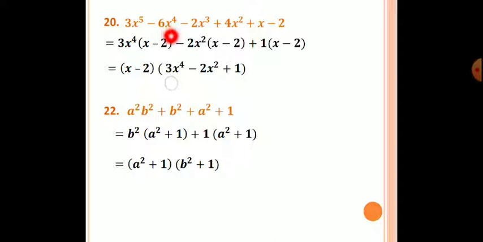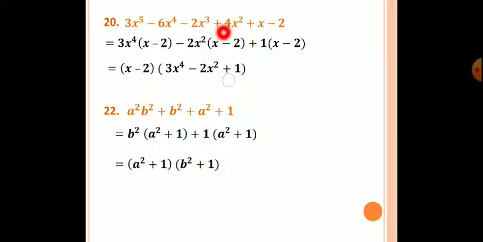So we can take an x common, and the lowest degree of x is 4. So we can take 3x to the power 4 as common, because 3 and 6 both are multiples of 3. What is remaining is x from the first term. If I divide 3x to the power 5 by 3x to the power 4, x will be remaining, minus 6x to the power 4 divided by 3x to the power 4 is 2.